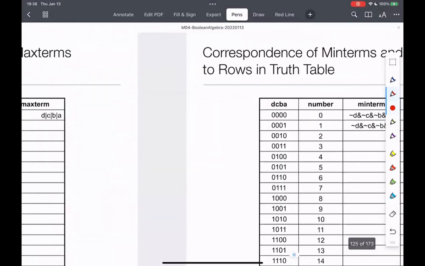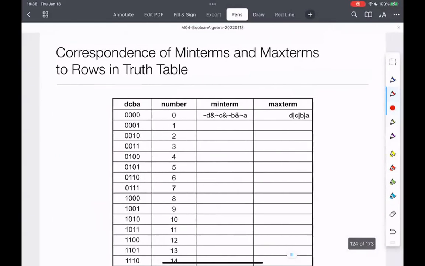For the maxterm, it's the same game, except for row number 0, I need the maxterm which will give a 0. So D is 0, C is 0, B is 0, A is 0. So it would be D or C or B or A. But let's play it out. For row number 1, it would be D 0, C 0, B 0, and not A. So with the maxterm you have to flip: you are obviously putting OR, but very crucially, the negated form appears where the bit is 1.